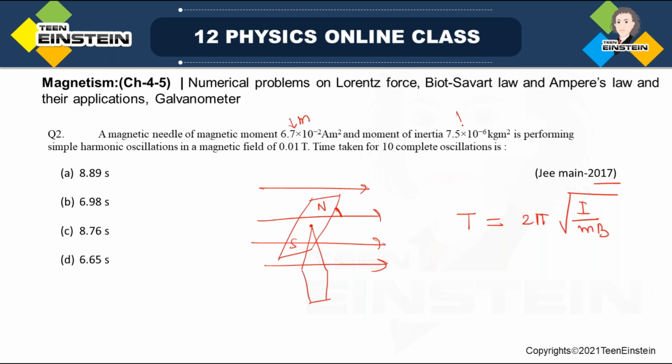If we put them in here, the main point is that you have to remember this formula. It is better to remember it, otherwise you waste time deriving it. So I is given as 7.5 into 10 to the power minus 6 kg meter square.